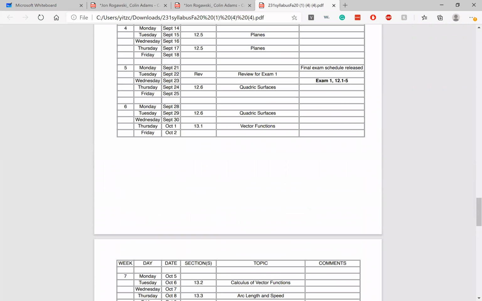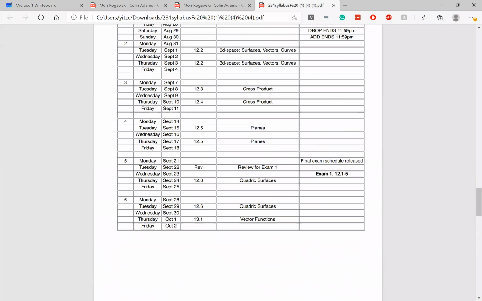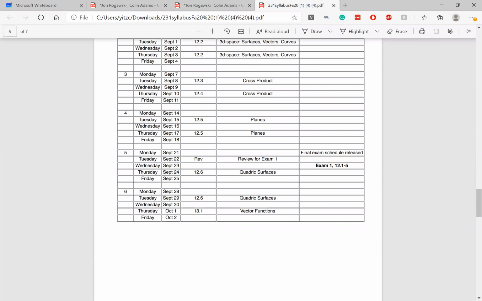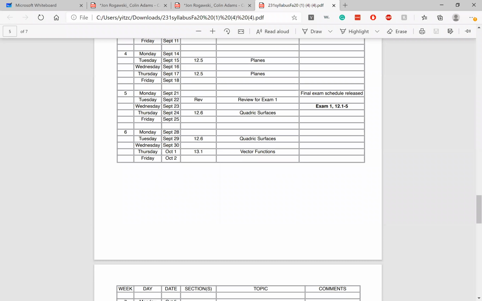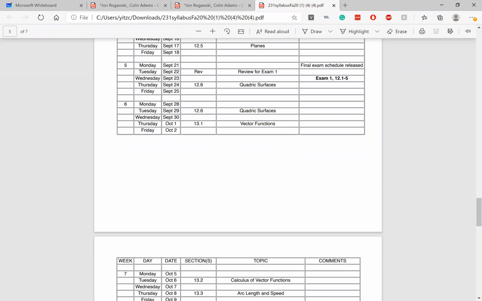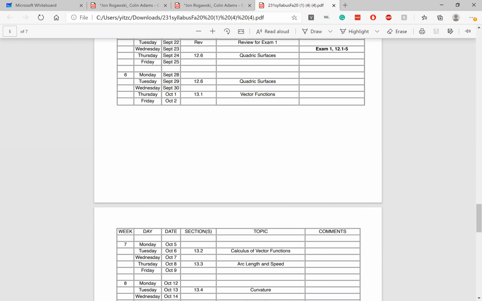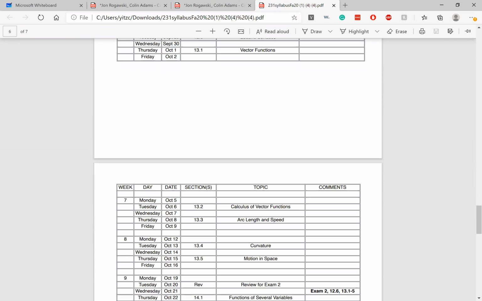I'm not going to review for the quiz, but starting from quadratic surfaces, you need to know the basic quadratic surfaces and how to figure out what they are. Vector functions, it's fairly basic at this point to know what vector functions are, which are what we've been using until now, and what the calculus of them is, how to take the derivative, how to find the velocity, stuff like that.